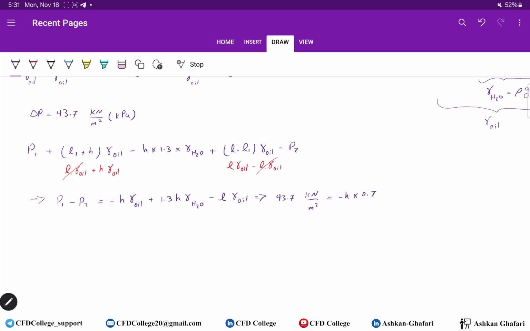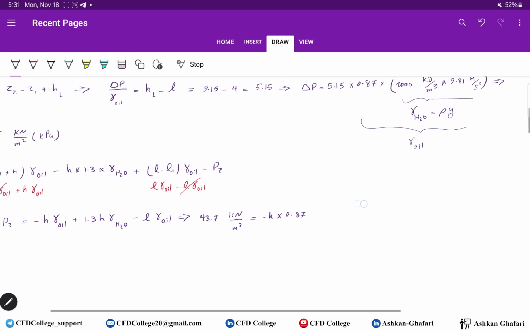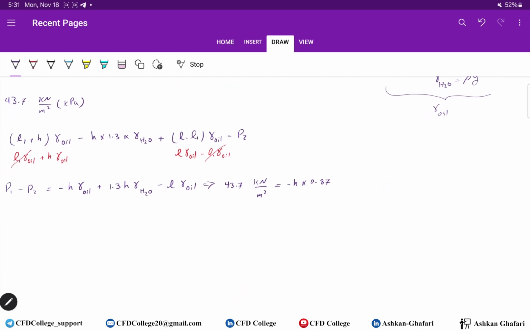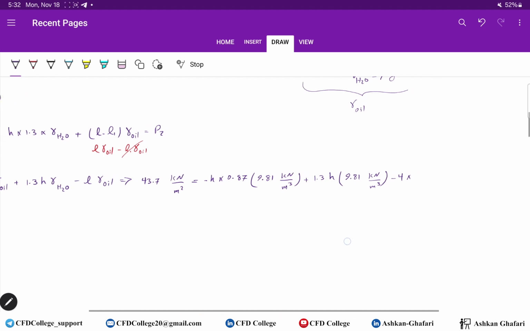Gamma of oil equals 0.87 times rho g, 9.81 kilonewton per cubic meter, plus 1.3 H times gamma of water, which is 9.81 kilonewton per cubic meter, minus 4 times gamma of oil, which is 0.87 times 9.81 kilonewton per cubic meter.